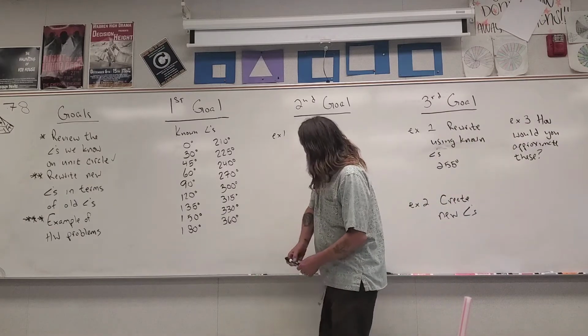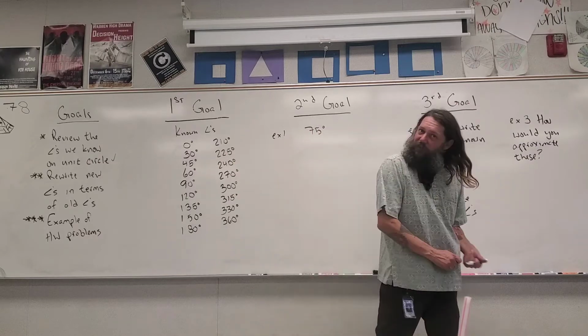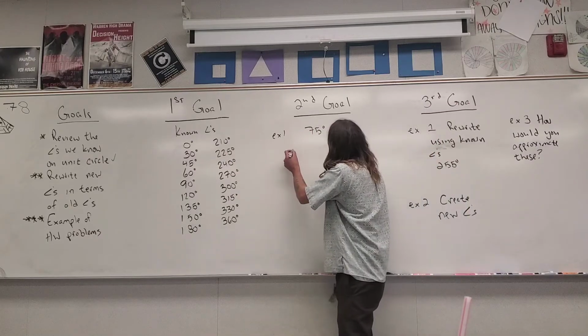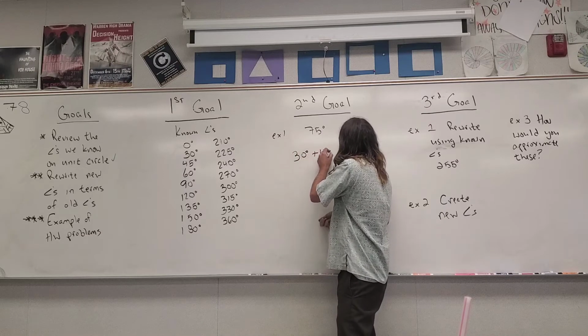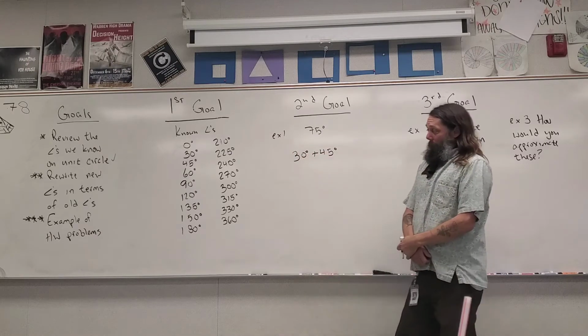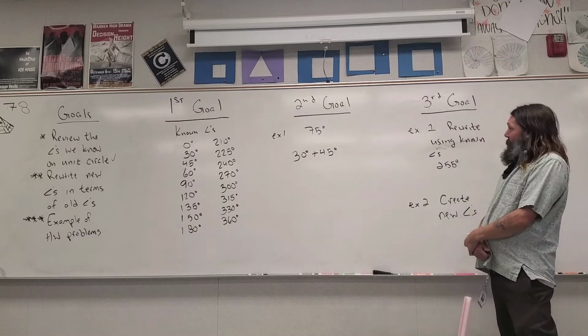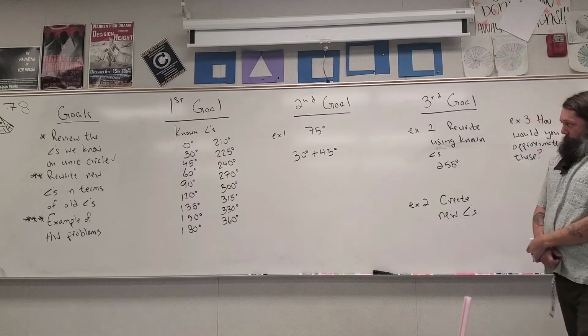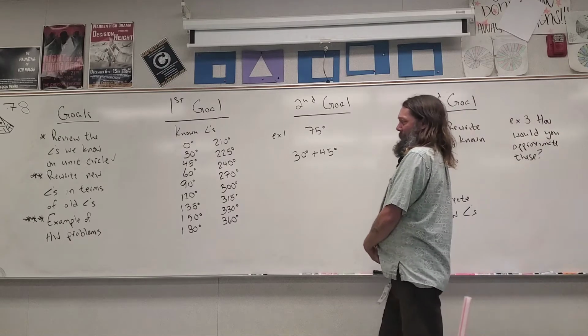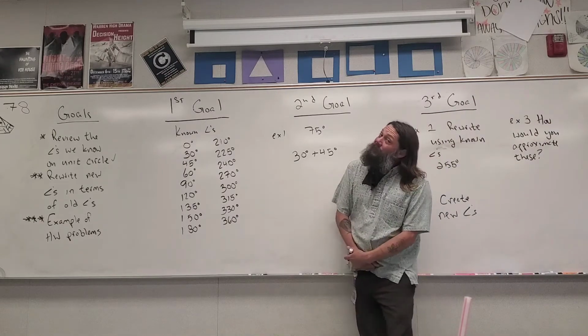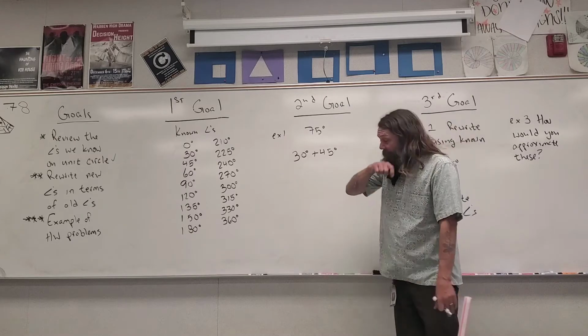I would think the first obvious way would be to add 30 degrees and 45 degrees, right? But there's another way to do it. It might not be so obvious. The second way I can write 75 degrees would be this.